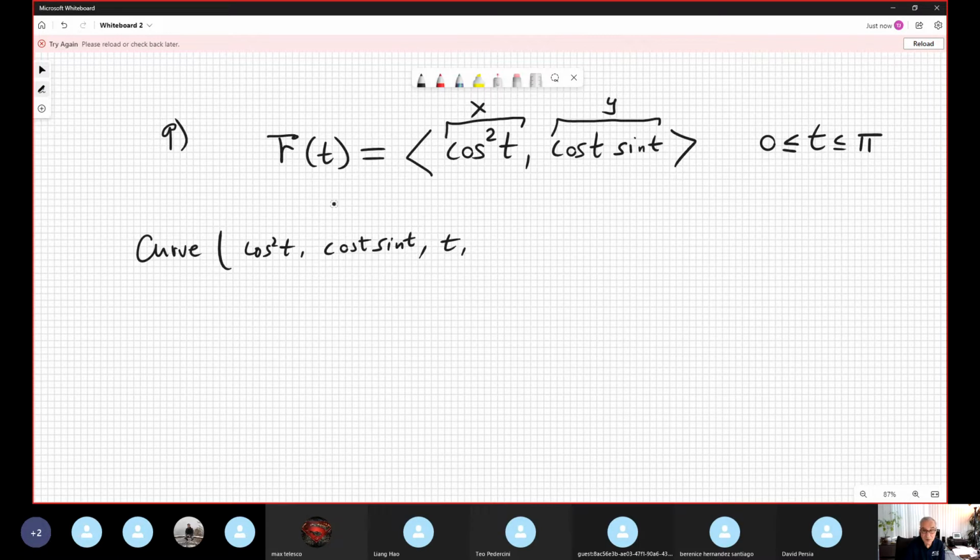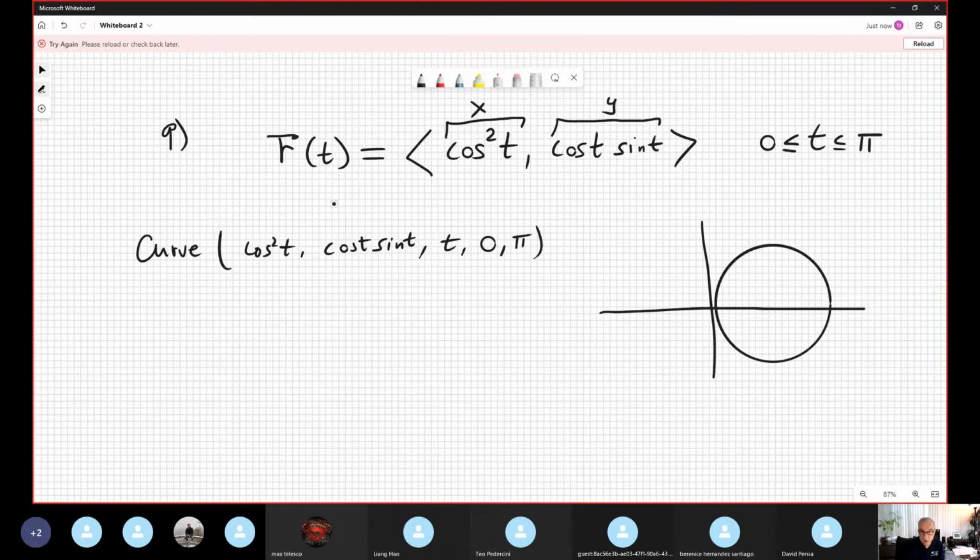You set the parameter t, and the domain, 0 and pi. Boom. And you see in the two-dimensional plane a curve like that. It's a full circle. But the center is not at the origin, the center is located here at 1/2, 0.